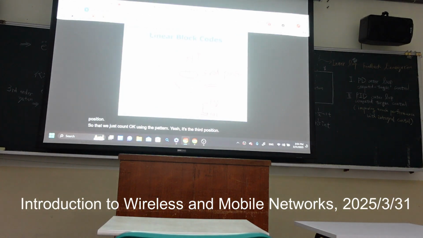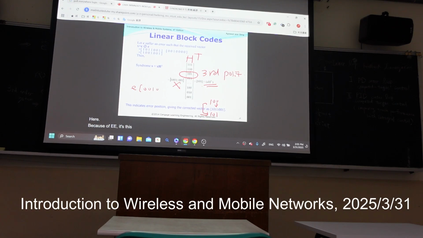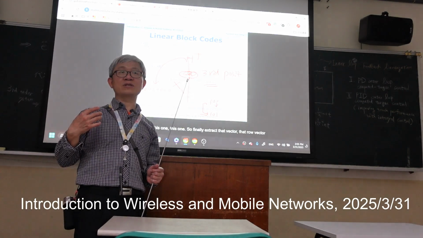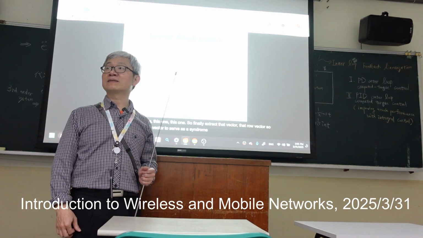Because of this, it's this one. Multiply this edge and this one. Multiplication, so extract this one. This one, this one. So finally, extract that vector, that row vector, so that we can use the resultant row vector to serve as a syndrome, to serve as a pattern.